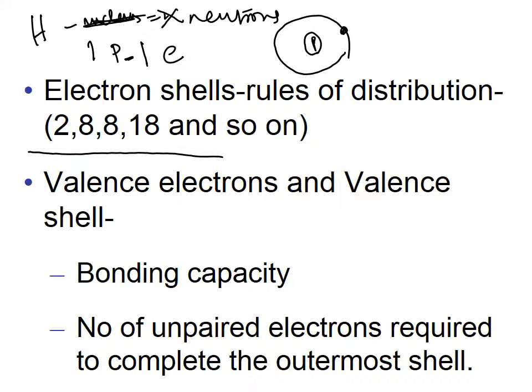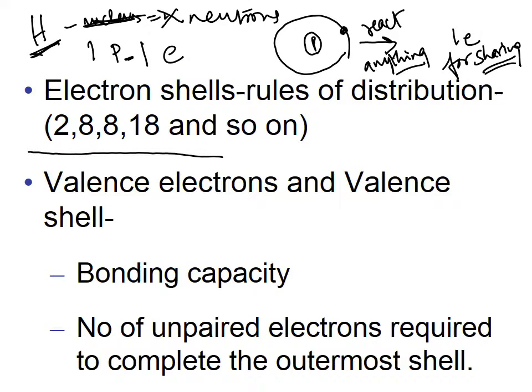Now, how many electrons do you need to be stable in the first orbital? 2. That is why hydrogen will react with anything that can give it one electron for sharing. Please, it's very important to understand that it is only asking for sharing. In its natural state, hydrogen does not exist as atomic hydrogen, just H. It exists as H2.